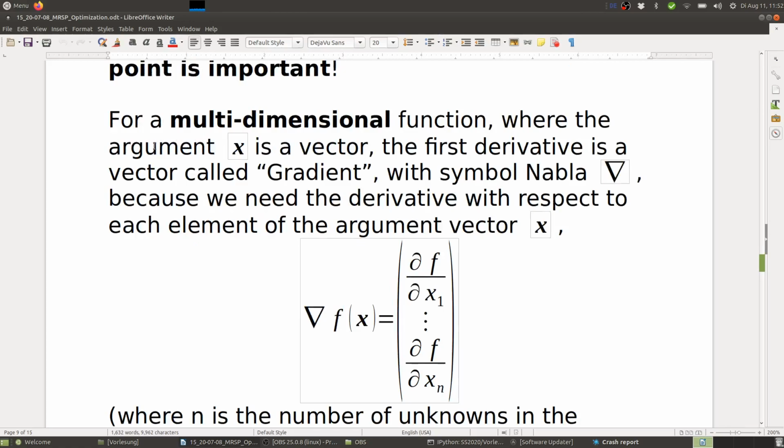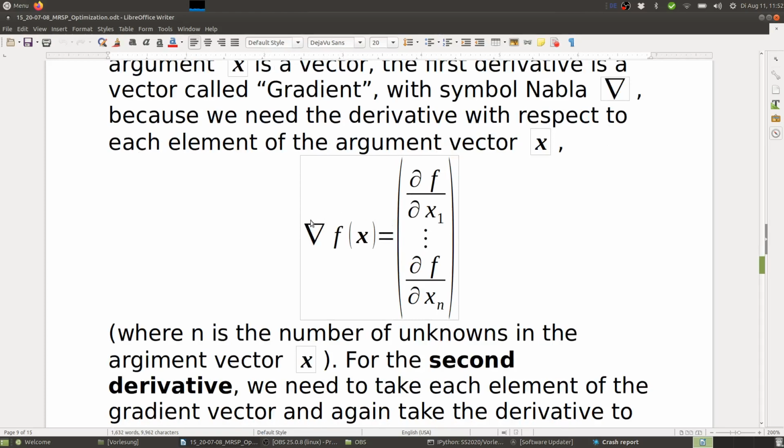Yeah, so for our case, we have many unknowns, x, so we have a multidimensional function where the argument x is a vector, right? So the first derivative is a vector called gradient with symbol nabla. So this is the symbol for the gradient, because we need the derivative with respect to each element of the argument vector x.